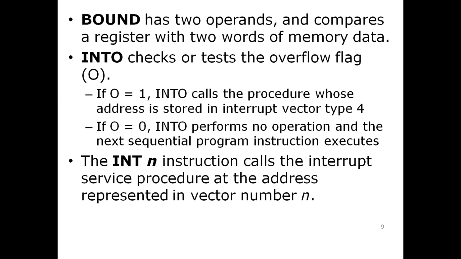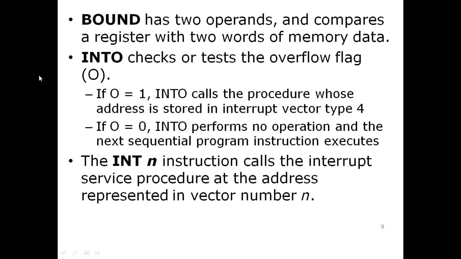And the INT n instruction, this INT means interrupt and n is a vector number. This interrupt instruction would call the interrupt service procedure at the address represented in vector number n.